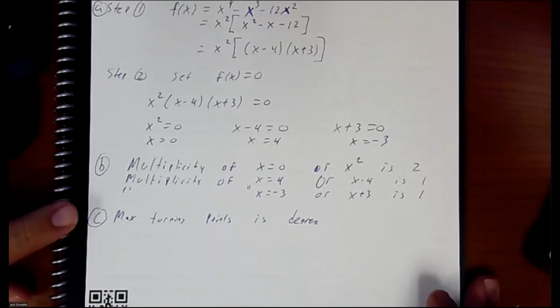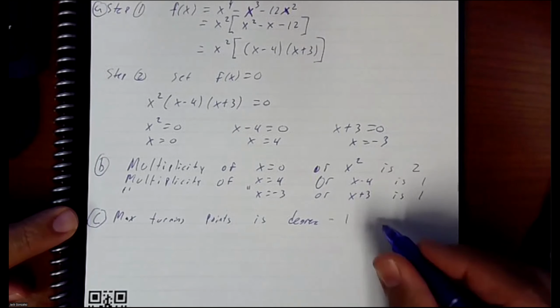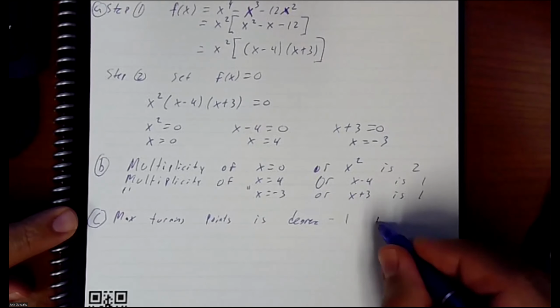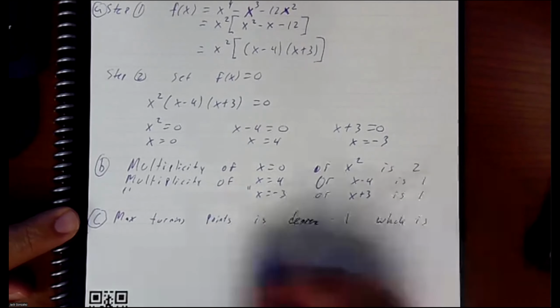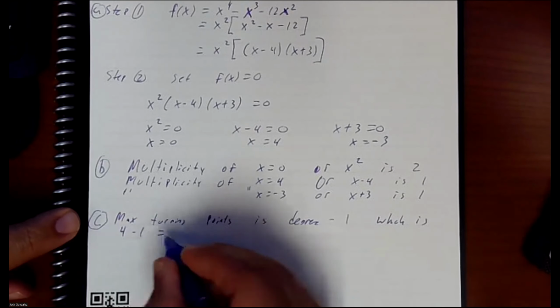All right, so part C, maximum turning points is the degree minus 1, which in this case is 4 minus 1, equal to 3.